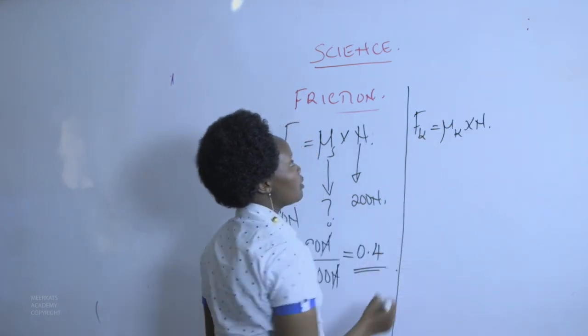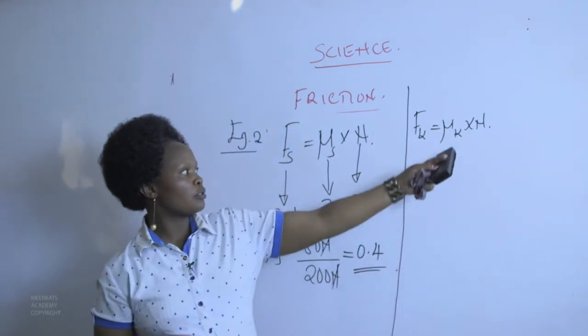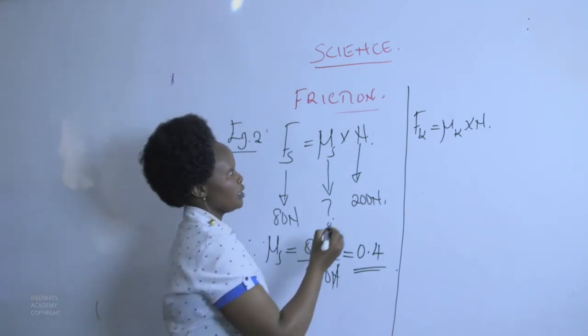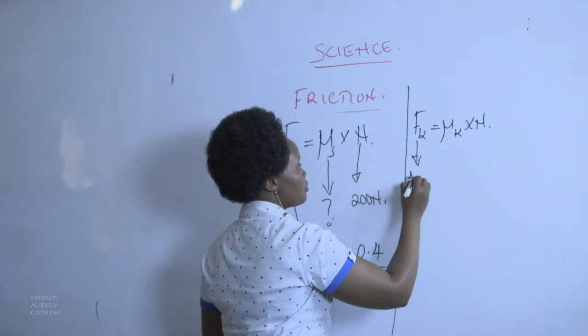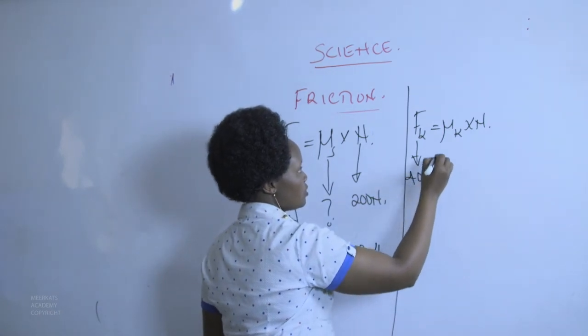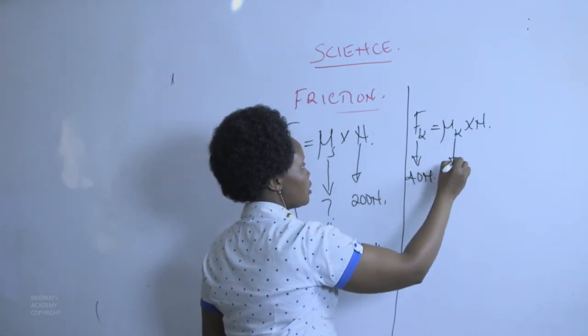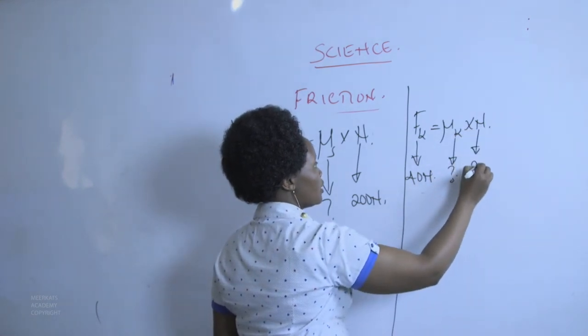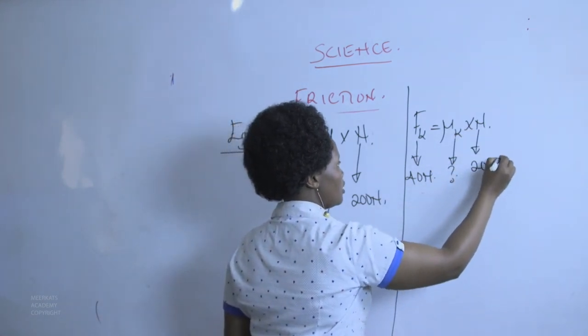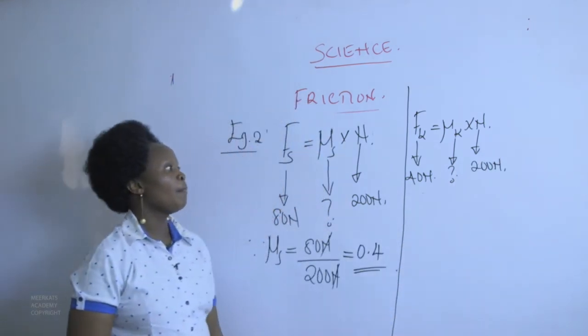we apply now the second equation. Let us substitute for what is available. This one is 40 newtons. This one is what we are looking for. And the normal again is 200 newtons.